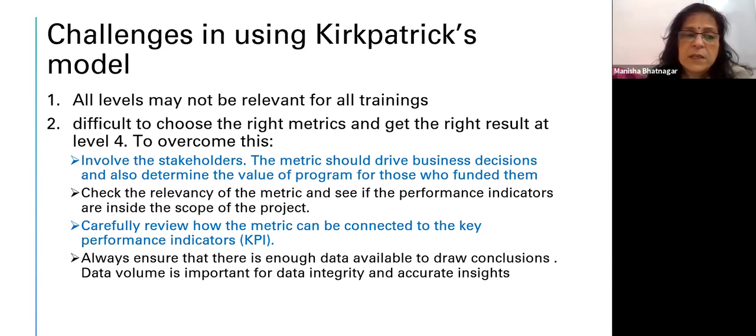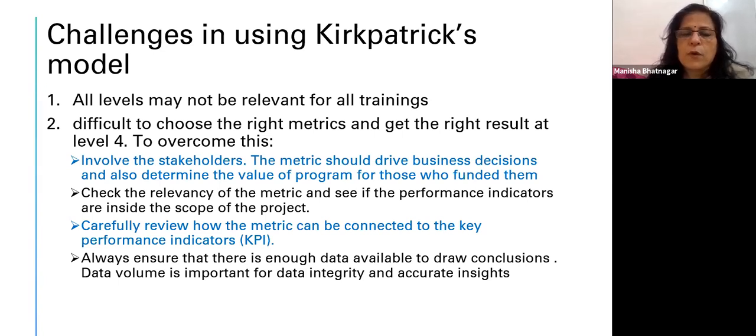And how to overcome this? Involve the stakeholders. Ask them. You can send questionnaires to them. You can seek their opinion. The metric should drive business decisions and also determine the value of the program for those who funded them.